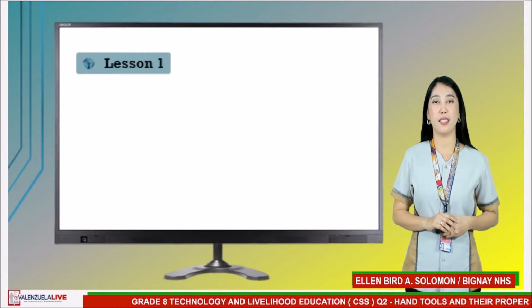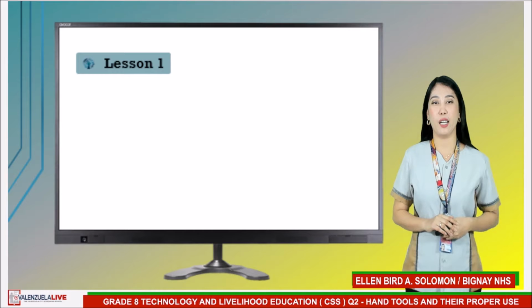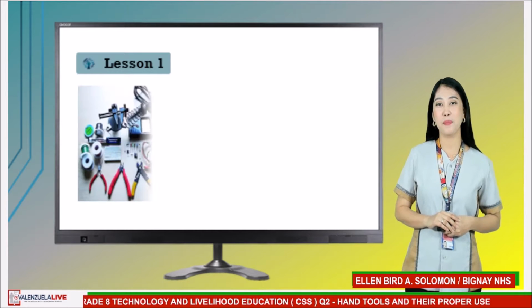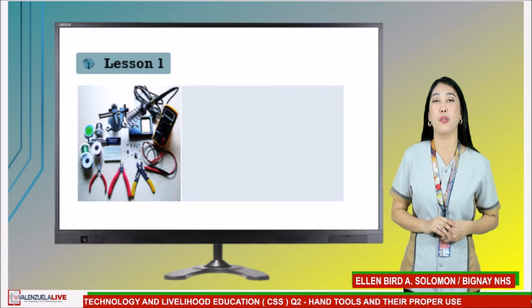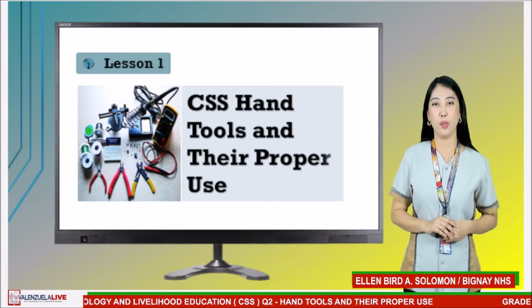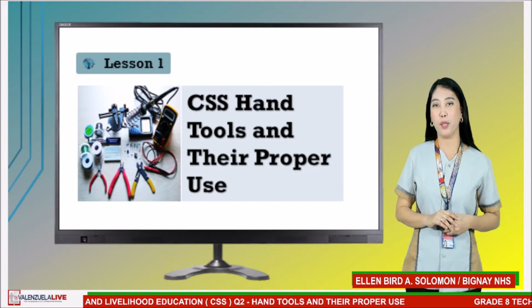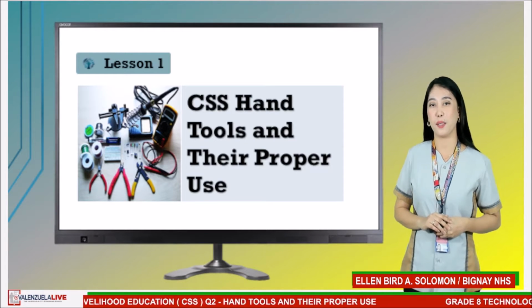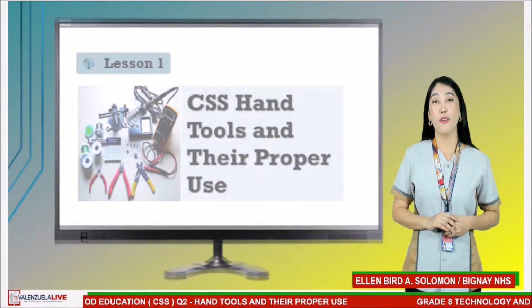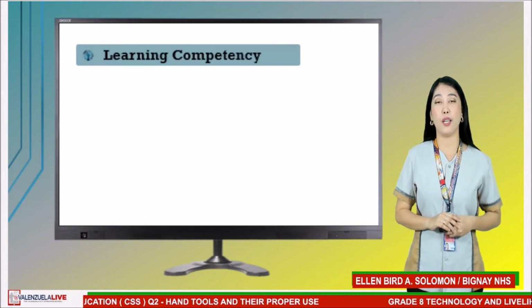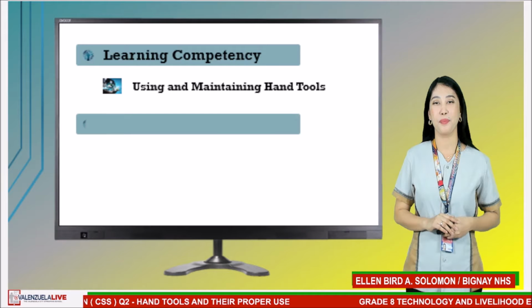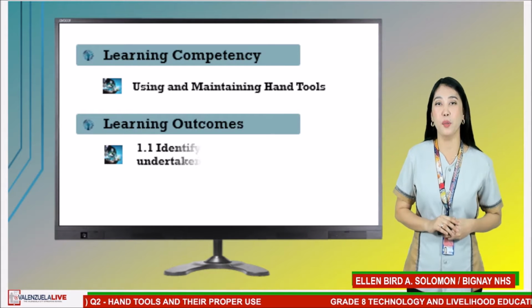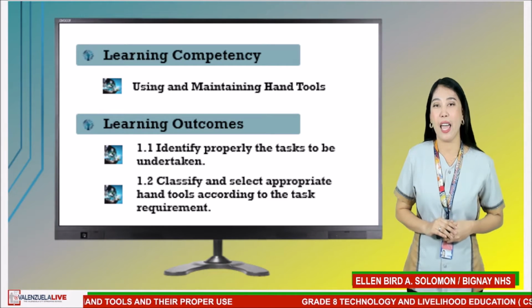Based on MELCs, or most essential learning competencies, our first lesson would be CSS hand tools and their proper use. For the learning competency of the lesson, we are expected to use and maintain hand tools.